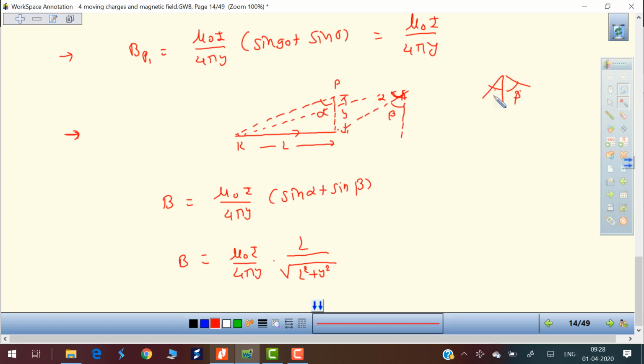But now beta is on the left side. So my formula becomes mu 0 I upon 4 pi y into (sin alpha minus sin beta). Remember, one side alpha, other side beta, both are positive. But if both angles are on one side, then sin alpha is of course positive, but beta now becomes negative.